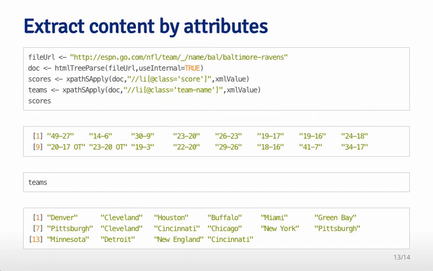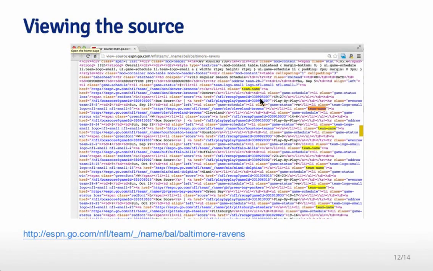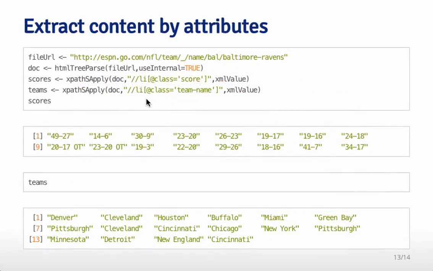So the way this works is you go to the website and you find the tag and any attributes that you want to extract, and then you write them into this XPath language to extract only the data for those specific elements with XPath sapply. If I do this, I end up with the scores for each of the games and the teams. So I've scraped information directly from that website using R.